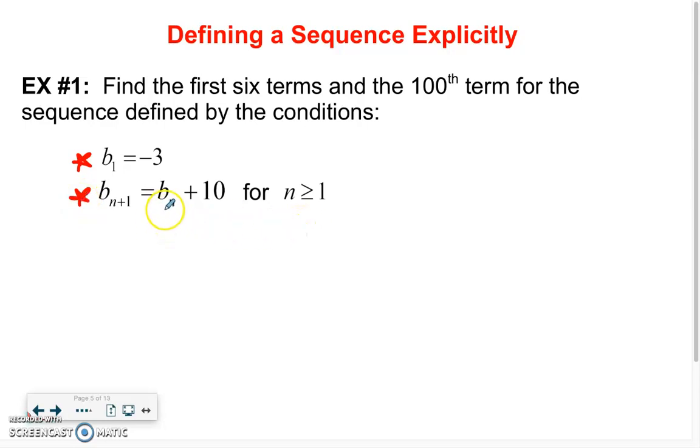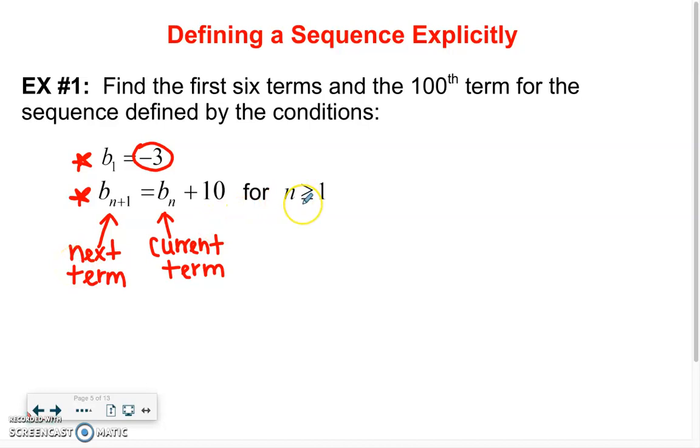Okay? Let me break down the notation for you. B sub n would be your current value, your current term. In this case, the only one I know is the first term. And then B sub n plus 1 is going to give you the next term.